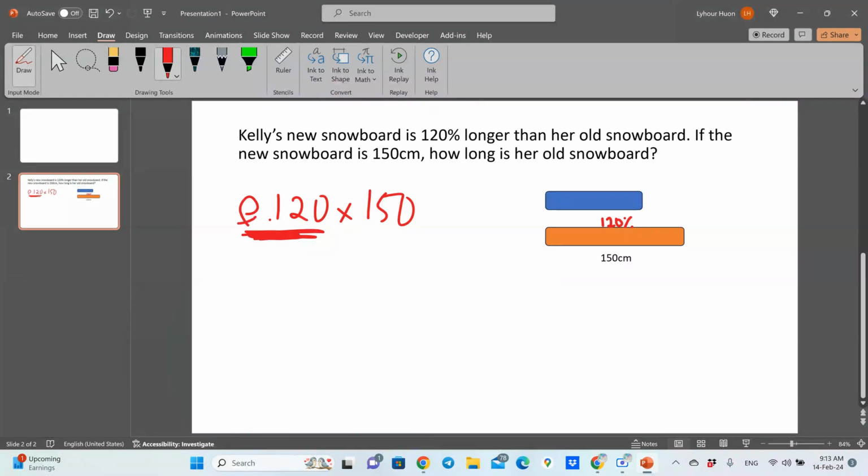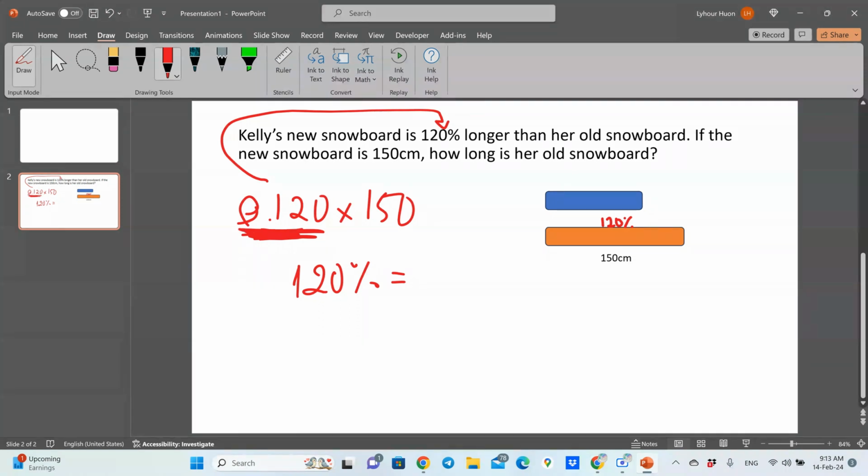It's from a formula I remember, but I don't remember. This is the percentage, right? 120%, if we write it as a decimal, how much is it? No, 1.20.